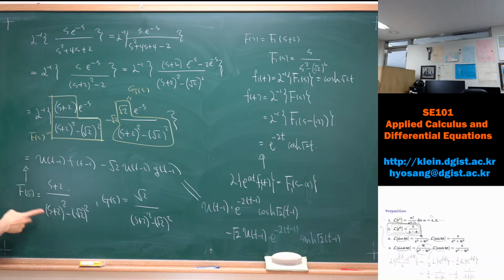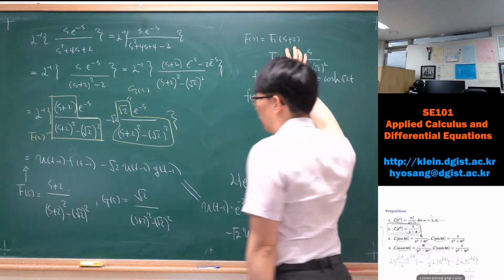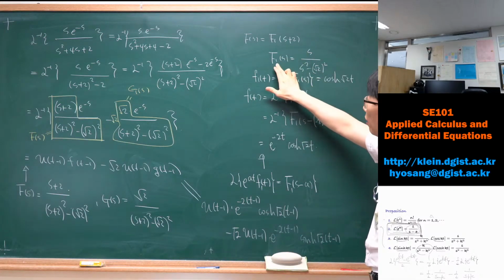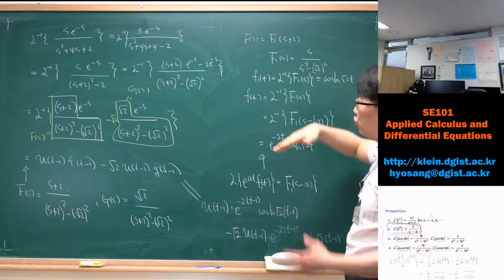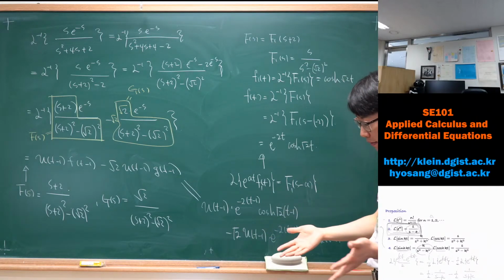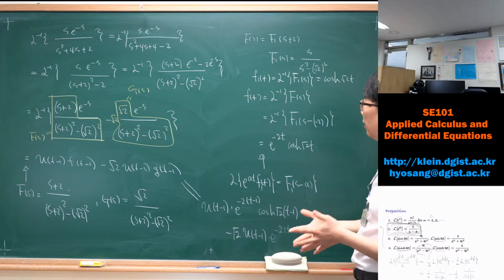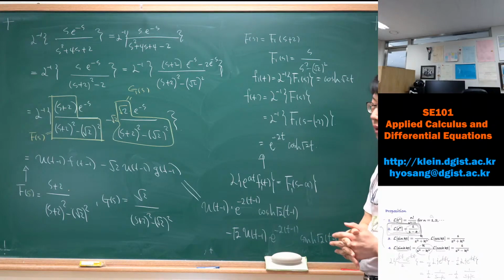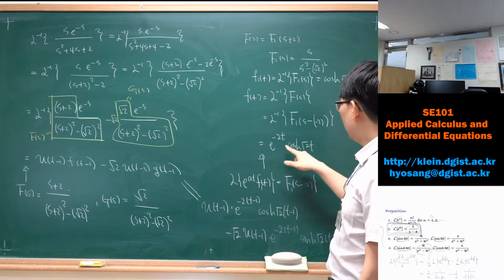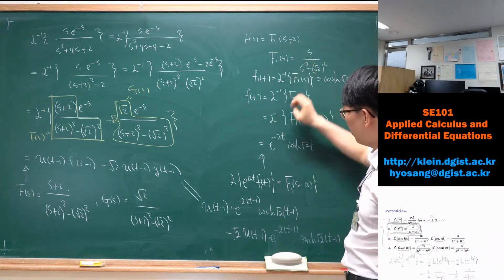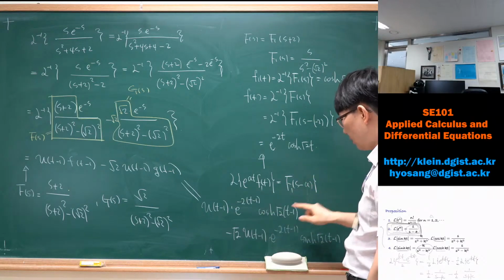Now, but you see, this is a shifting of a simpler form, F of s, right? So when I shift my function, large F, then the inverse transform is applied with the e to the at. So I'm using this formula.